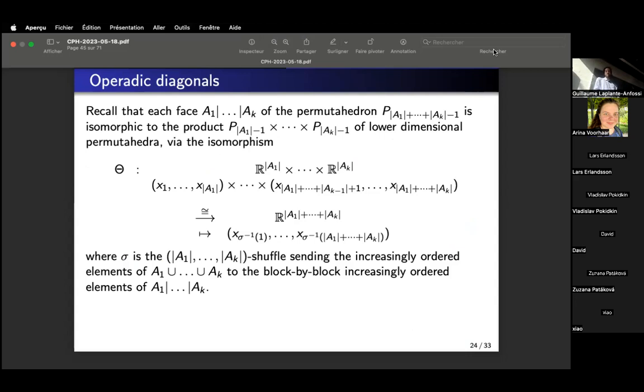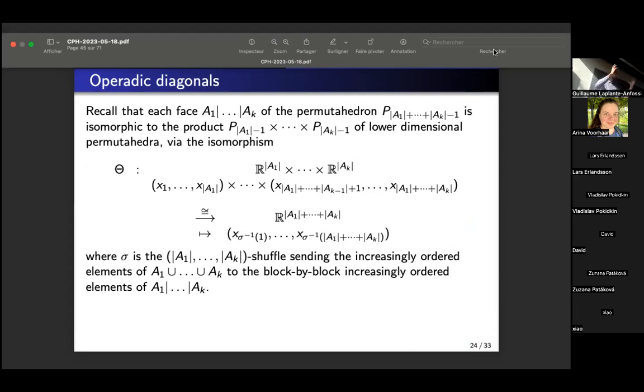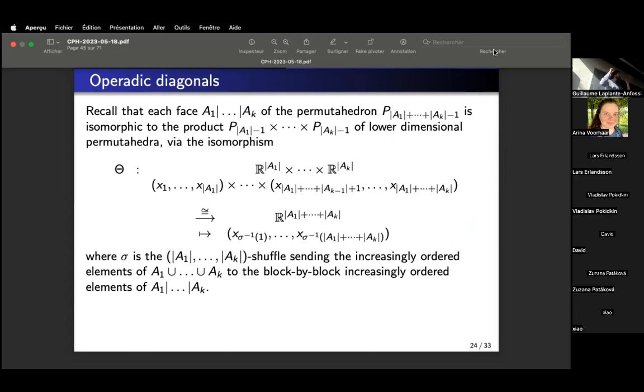So here is maybe a little bit difficult to read slide, but it expresses a very simple idea, the fact that the family of permutahedra are face coherent in some sense, which is the following: if you take a face of a permutahedron, it is isomorphic up to a permutation of coordinates to a product of lower dimensional permutahedra.